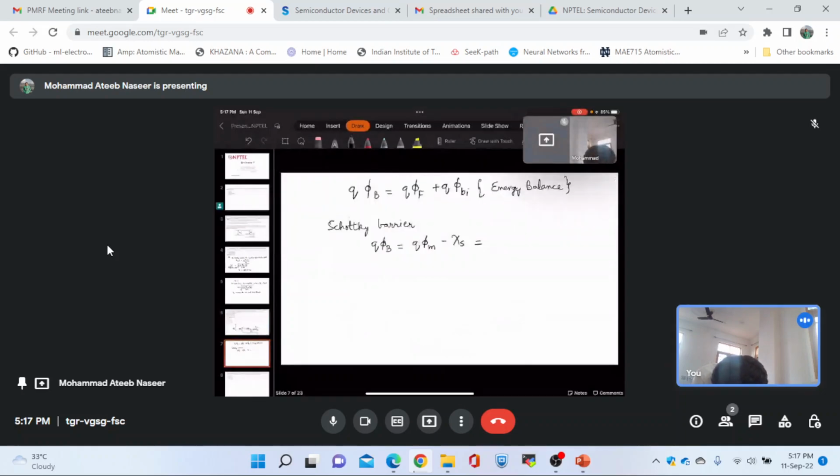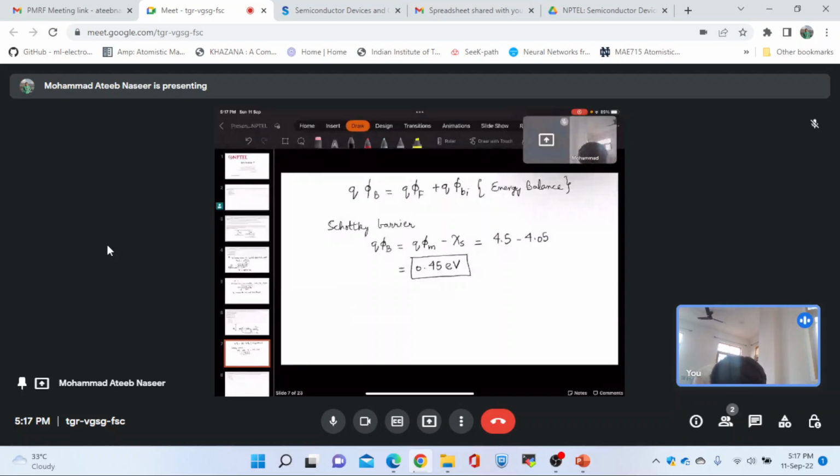So it will simply be 4.5 minus 4.05, which turns out to be 0.45 electron volts. This is the Schottky barrier height. Now we have found the Schottky barrier height.